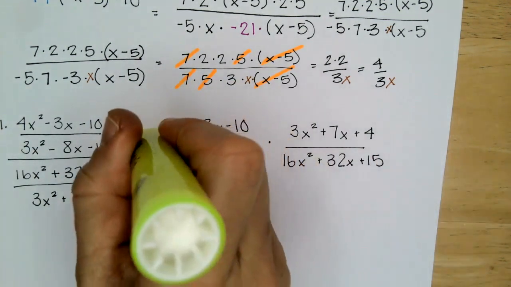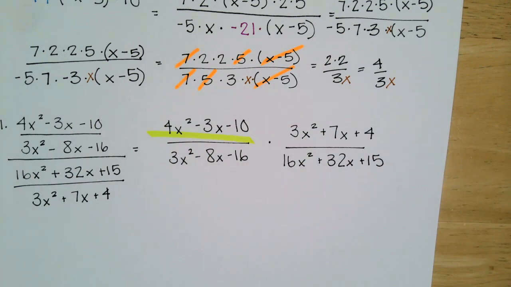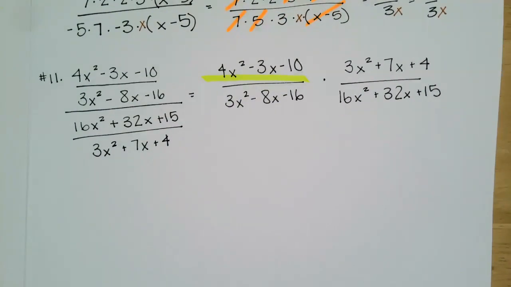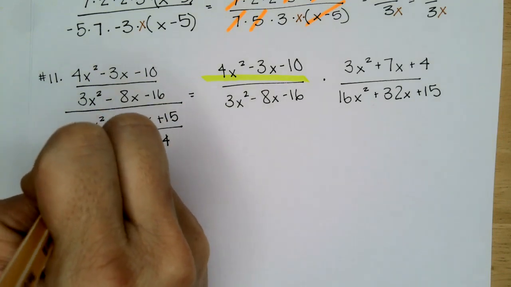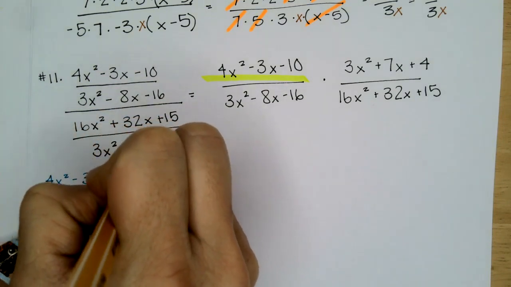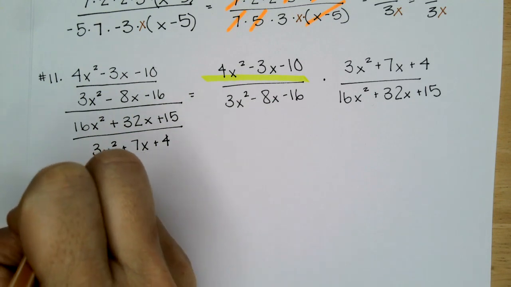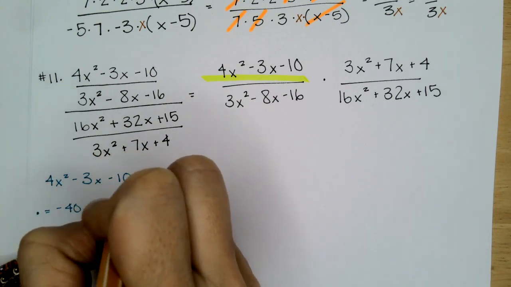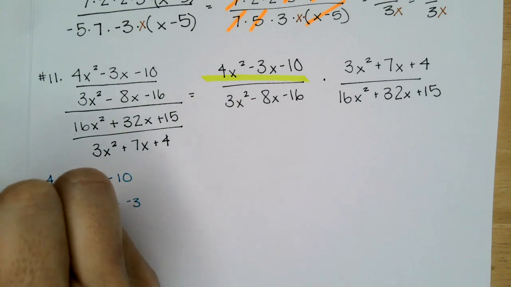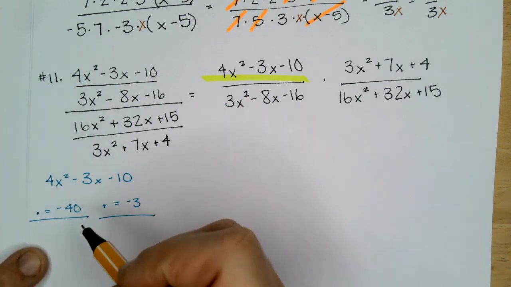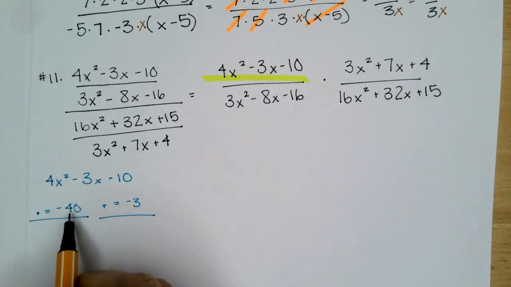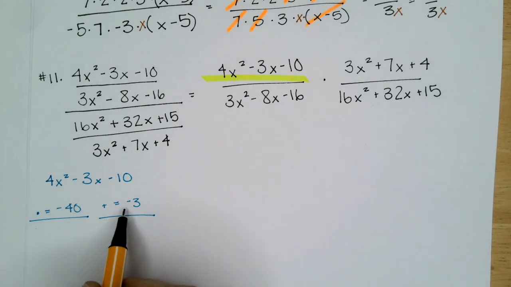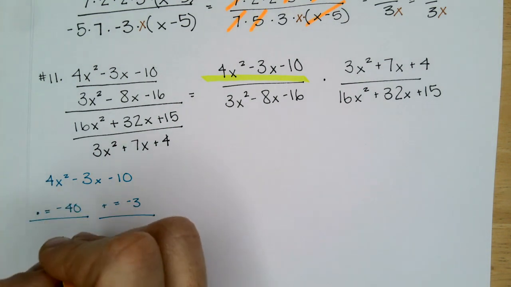Let's start with 4x squared minus 3x minus 10. We want a number that multiplies to equal negative 40 and adds to equal negative 3. So we're going to need a positive and a negative number, and we need the negative number to be bigger.